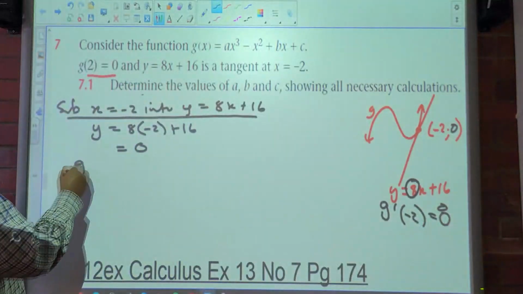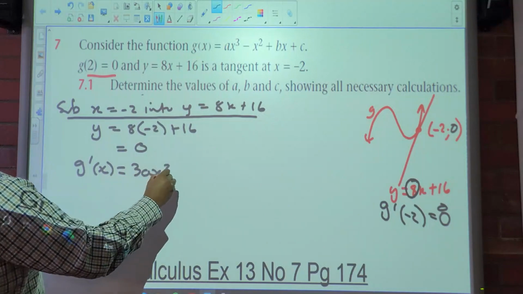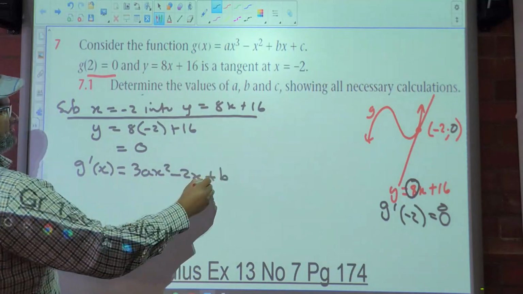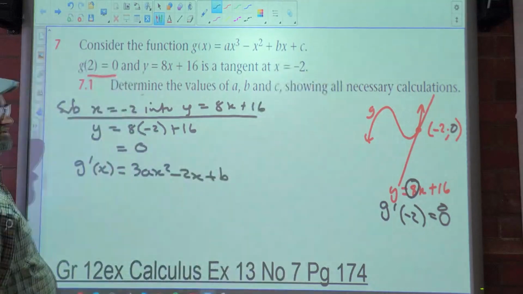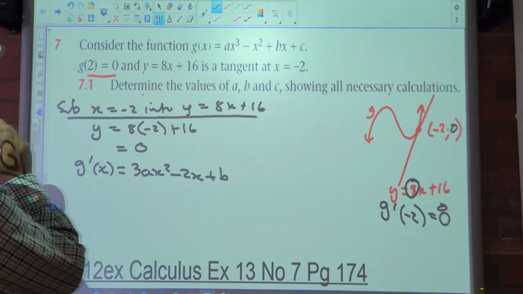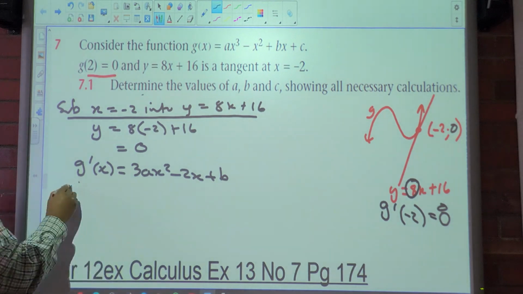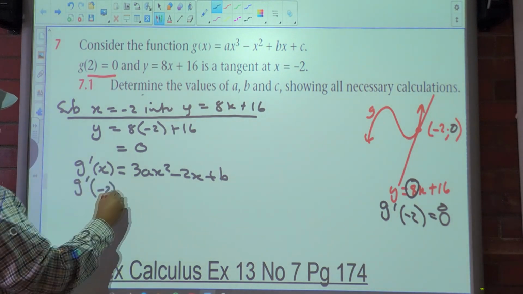So we work out g dash of x first. g dash of x is equal to 3ax squared minus 2x plus b. Remember, this is a constant, so it falls away. Okay, so g dash of negative 2 is equal to 8.